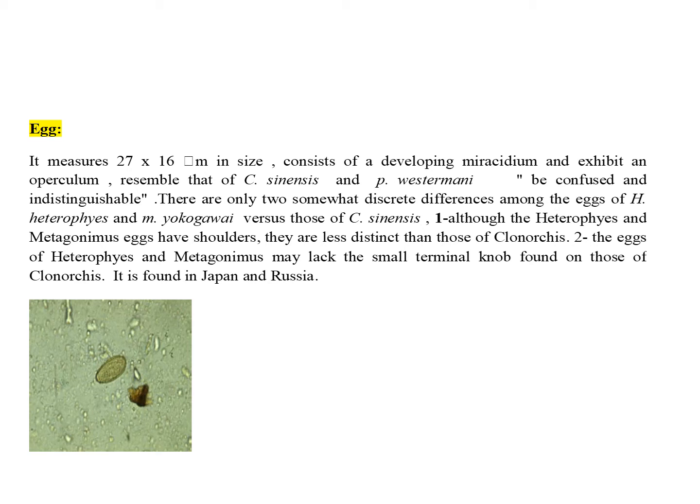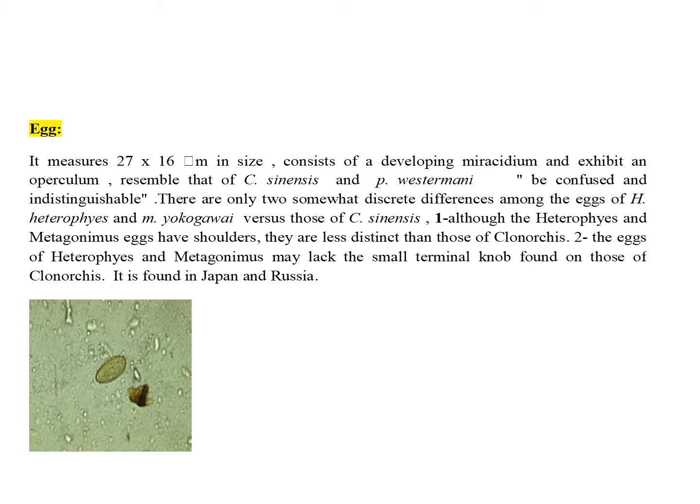Here is a very important criterion. Two differences distinguish the eggs of Heterophyes and Metagonimus yokogawai from those of Clonorchis sinensis. The first is that Heterophyes and Metagonimus eggs have shoulders, like that, but they are less distinct than those of Clonorchis. That is the first difference.